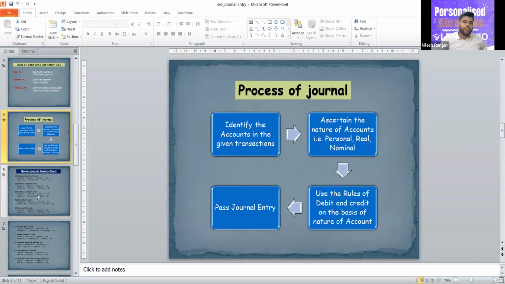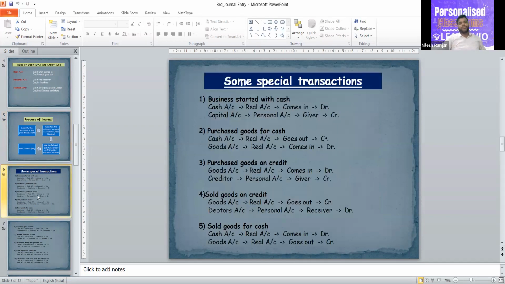Now we will discuss a few transactions here. Let's leave the first transaction; we'll discuss it later. But the second transaction: purchased goods for cash. You can see here the process is written. First of all, we will find out the affected accounts. If we purchase goods for cash, it means we are getting goods and we are paying cash.